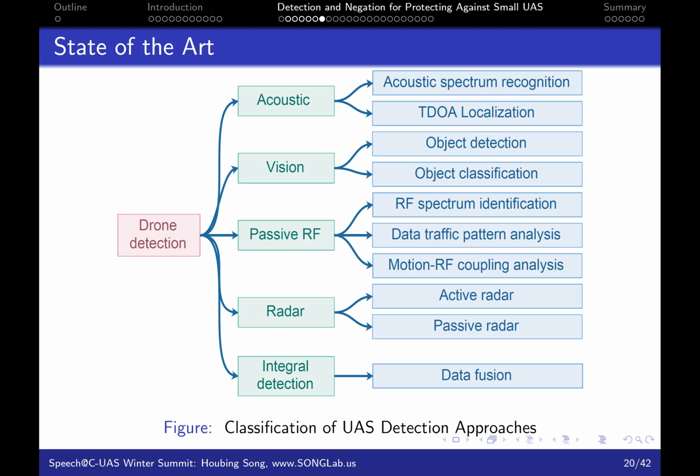For the passive RF, three subcategories: RF spectrum identification, data traffic pattern analysis, motion RF coupling analysis. Radar, active radar or passive radar, integral detection, data fusion.